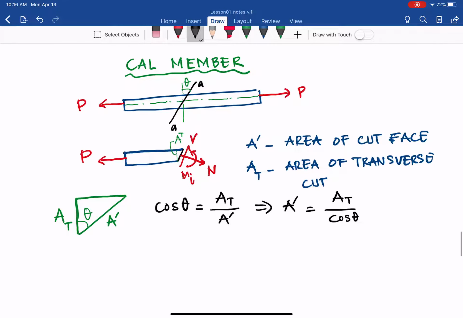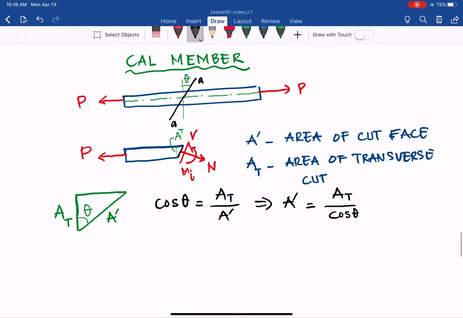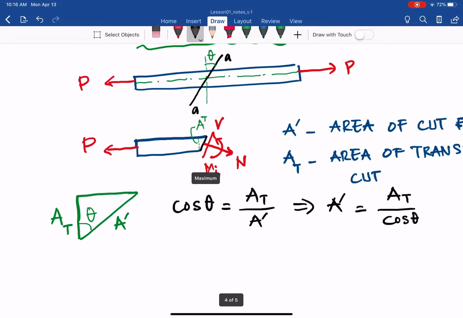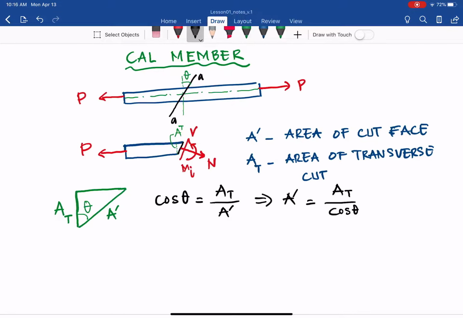So from that, what do I have? If we take the equilibrium equation for the left segment in the x direction, we have N equal to P cosine theta, if we apply the sum of all the forces in the x direction. Why is that? As you can see, that angle is equal to theta there.